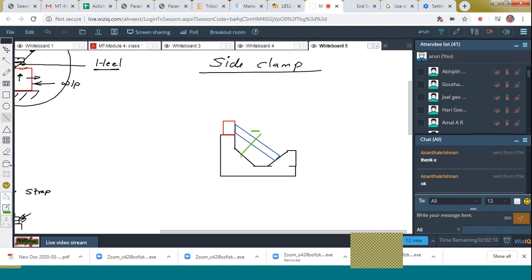The stud is inserted into the body of the holding device like this, and it is loaded by means of spring for easy removal. This is the stud, and here also the hexagonal nut is there.